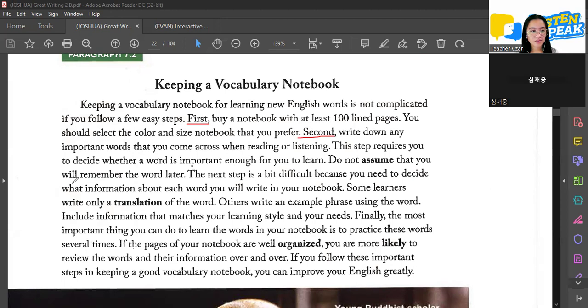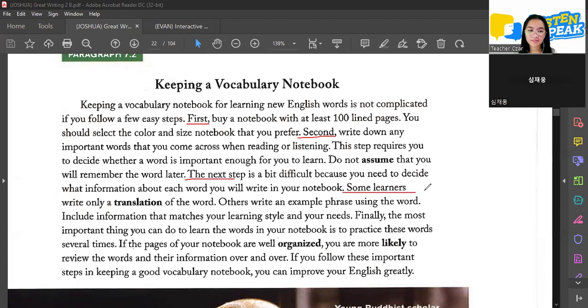This step requires you to decide whether a word is important enough for you to learn. Do not assume that you will remember the word later. The next step is a bit difficult because you need to decide what information about each word you will write in your notebook.